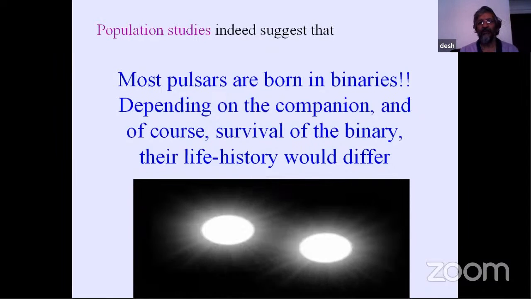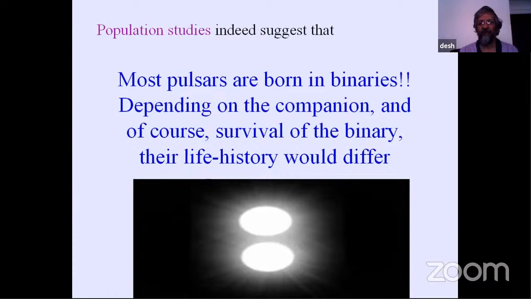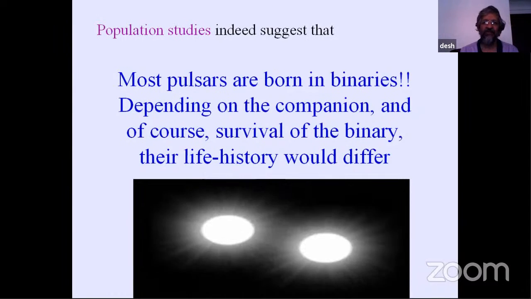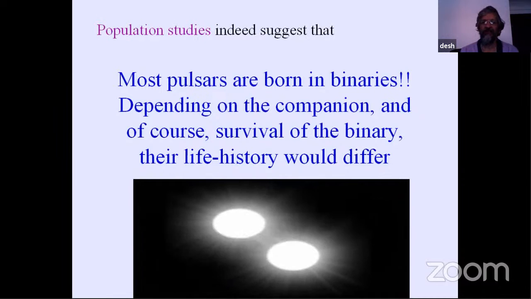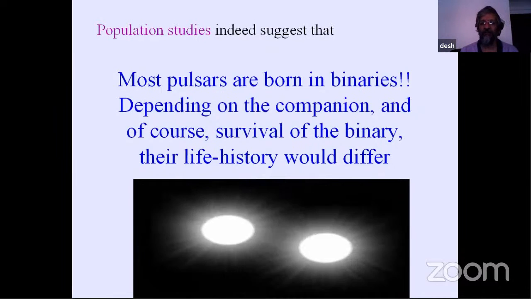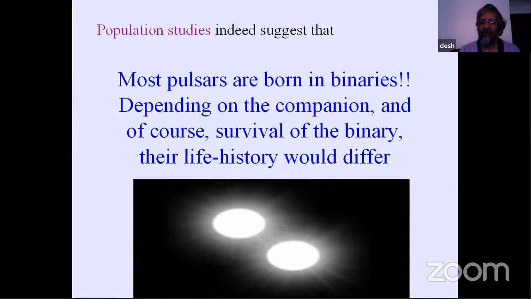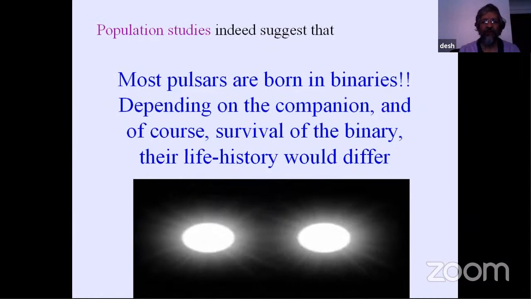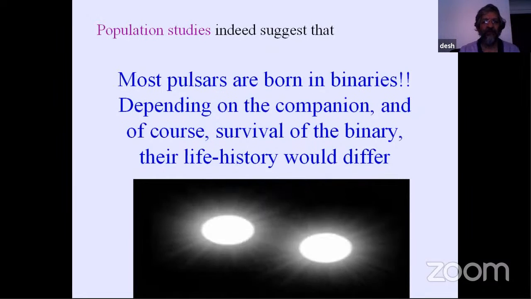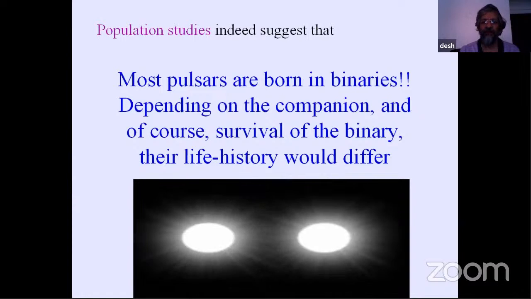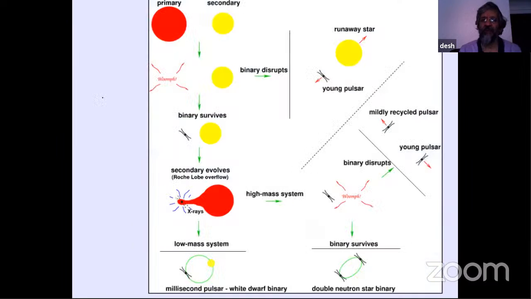That will also tell you, with some statistical study, whether the binary survives for the companion to be around still to help the dead pulsar to come back to its life again, its second life. So lots of things can be studied using just this data on the population.